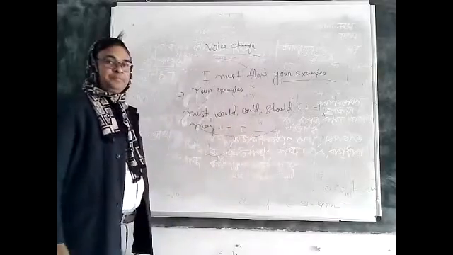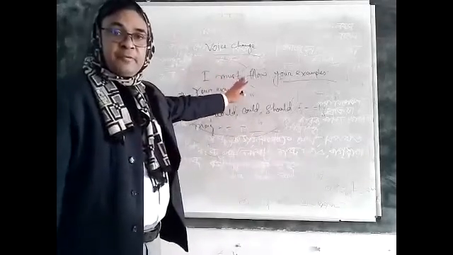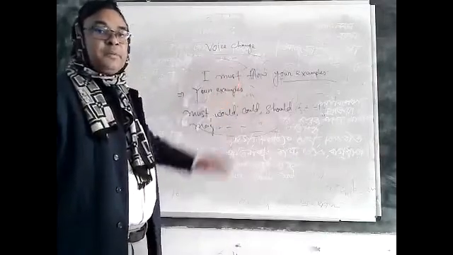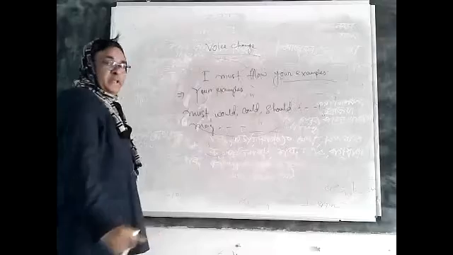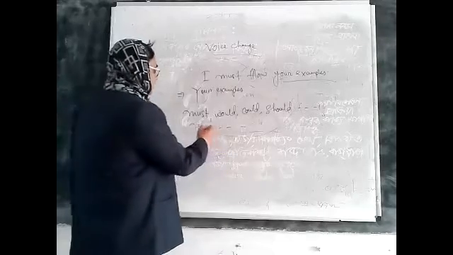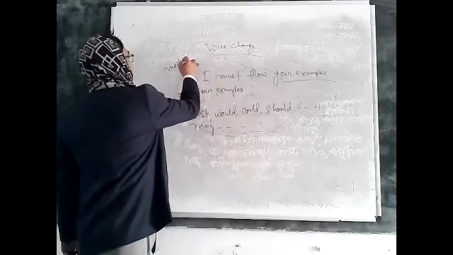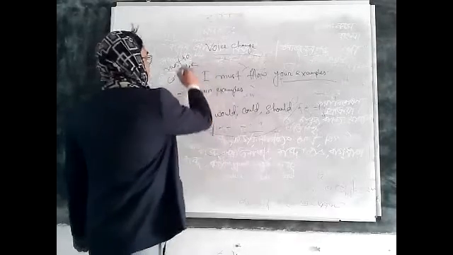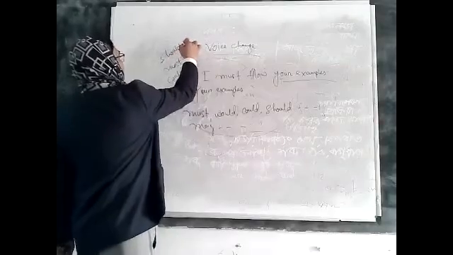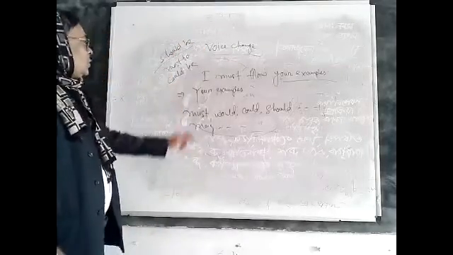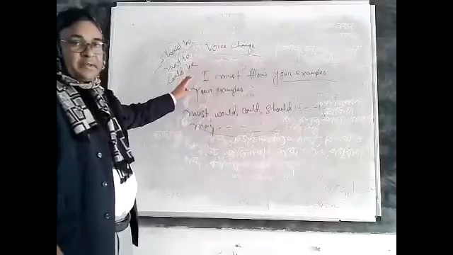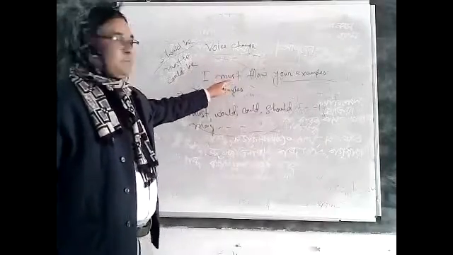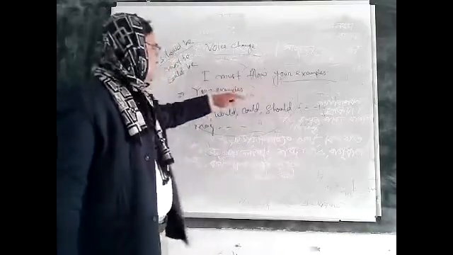If we find any modal verb in the active voice, we have to only add be. We have to add only be, like must be, could be, should be. Understand? So we will add only be, with the modal verb and the past participle of the main verb.